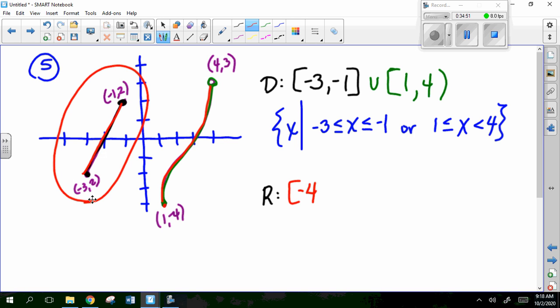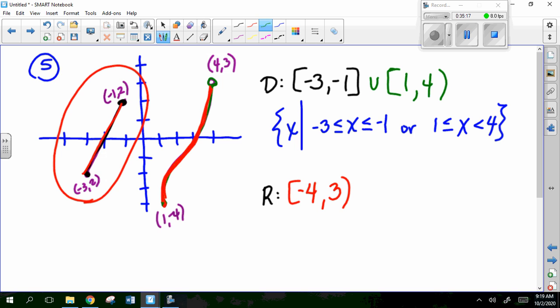It covers the same y values as the other piece. But the other piece covers more. All right, it goes all the way up to what y value? 3. Open circle or closed? So it gets a parenthesis. Does either one of those graphs cover any more y values? No. So that is it for the range.